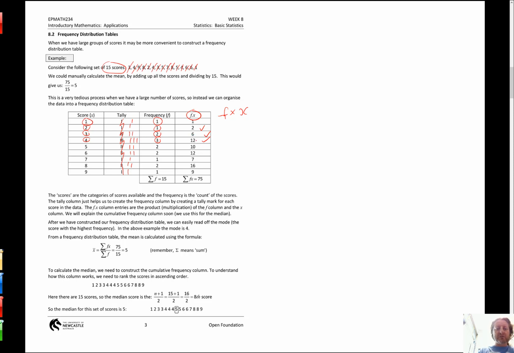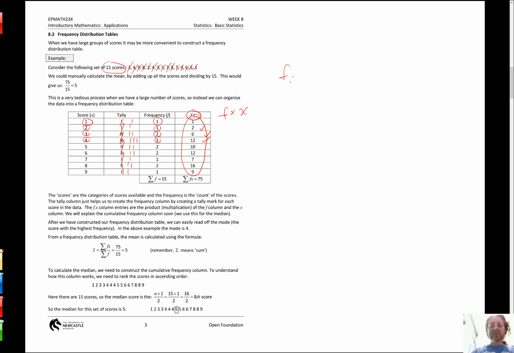I've got 3 4s, which add up to 12, and 2 5s, which add up to 10. All the Fx column is really doing is making my adding up process simpler. Say I had 6 5s. I don't want to go to the calculator 5 plus 5 plus 5 plus 5 plus 5 plus 5. Let's just call it 6 5s is 30. So we're just saving ourselves some time.